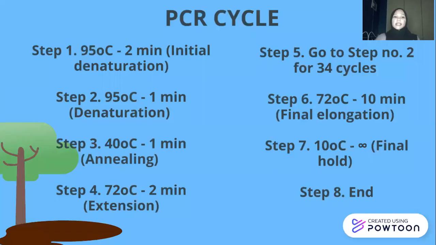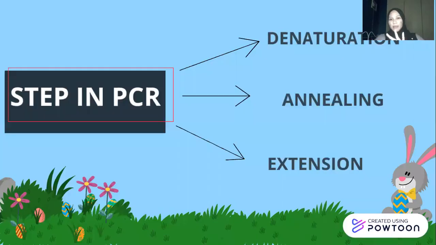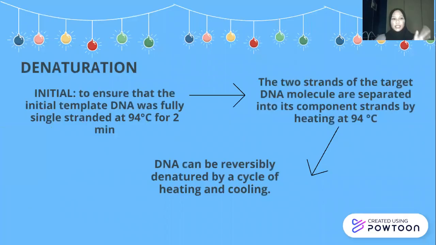Okay, next there are steps for the PCR cycle that we must know. There are 3 steps in PCR: first is denaturation, then annealing, and extension. For the denaturation, we must use 94 Celsius to 96 Celsius for 2 minutes.